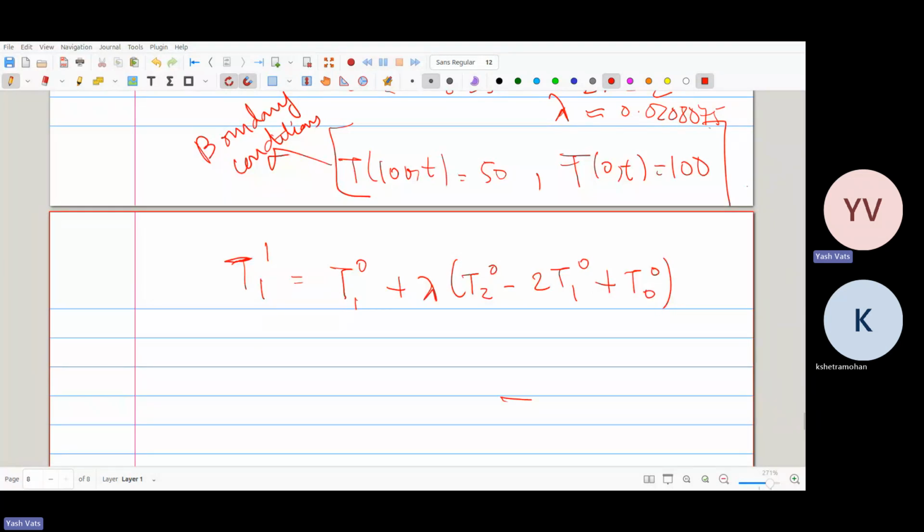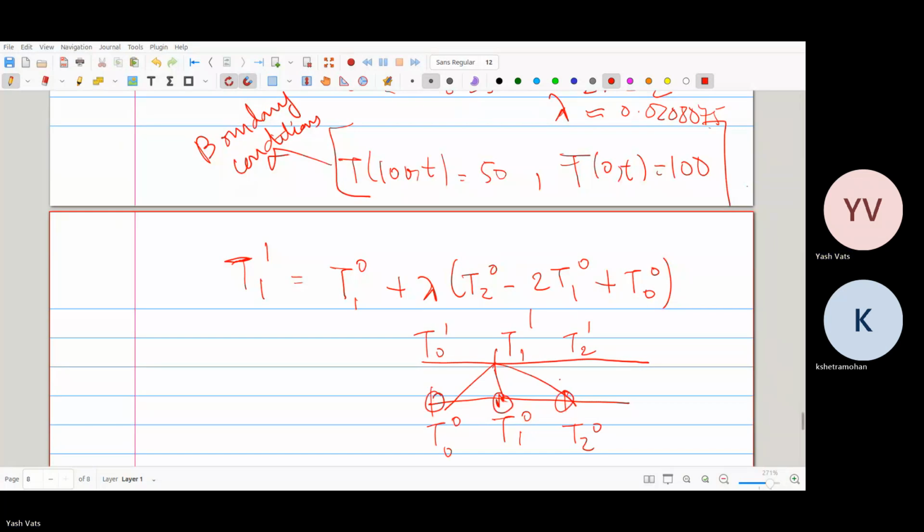If I write the diagram, T_0^0 is here, T_1^0, T_2^0, and on the next line you have T_1^1, T_2^1, T_0^1. That is dependent on these three that I've already mentioned. And T_2^1 is dependent on T_3^0. To find this, you need these three values, right?